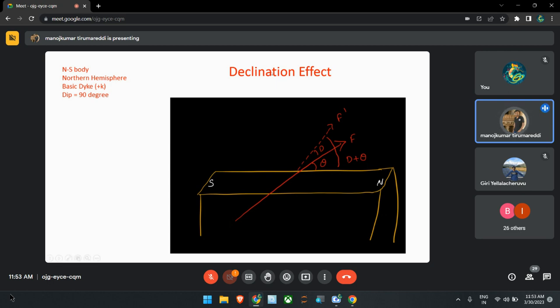So if some declination is there, then this field F will change from its position. So there will be some D. So we should calculate the TMI anomalies for the effective angle D plus theta. Suppose you are calculating the anomaly for 45 degrees and some declination is there, something like 2 degrees, then we should calculate the anomalies for 47 degrees.